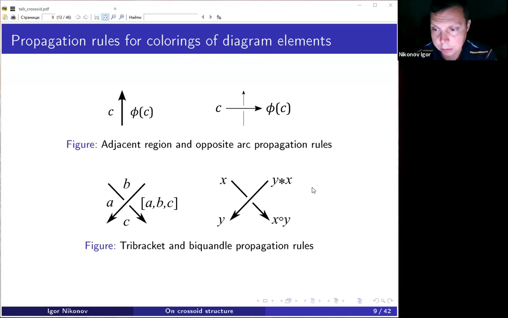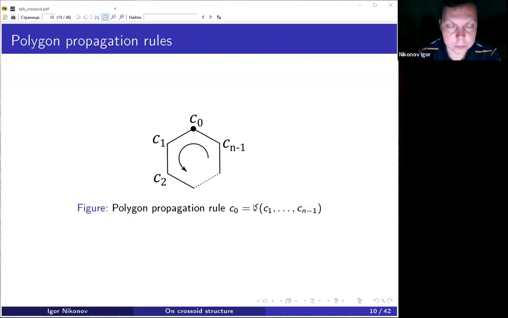And in the case when we consider colorings of the crossings, we will use the following polygon rule. Assume we have some diagram, and consider a region of this diagram.